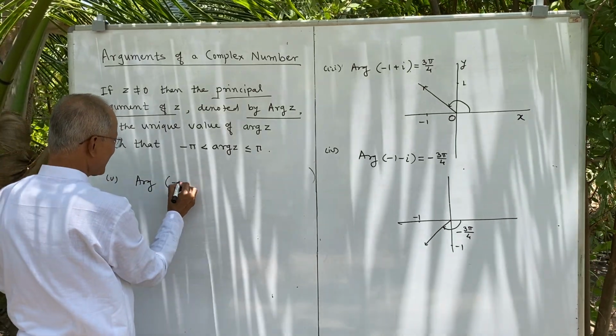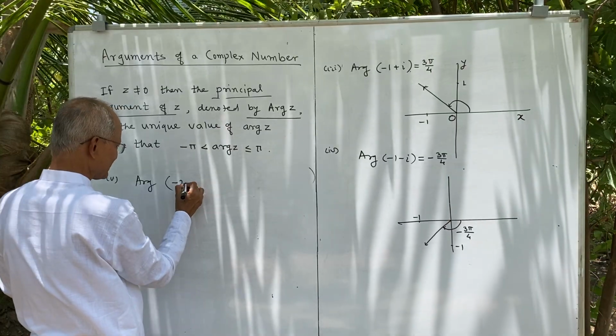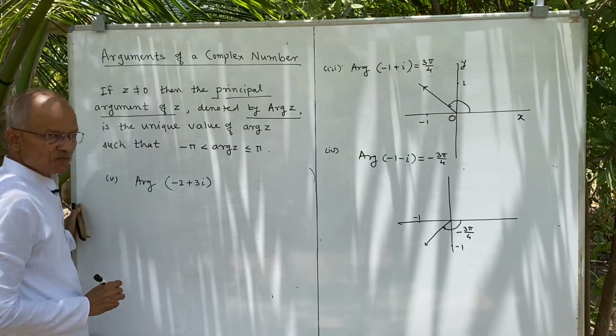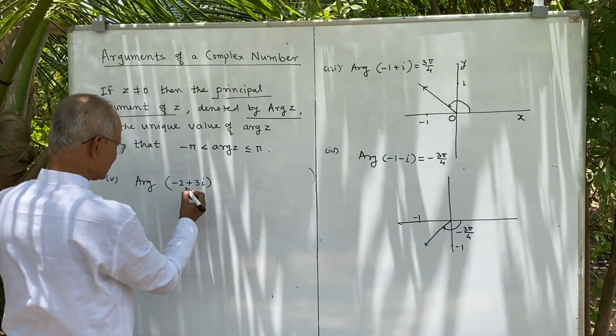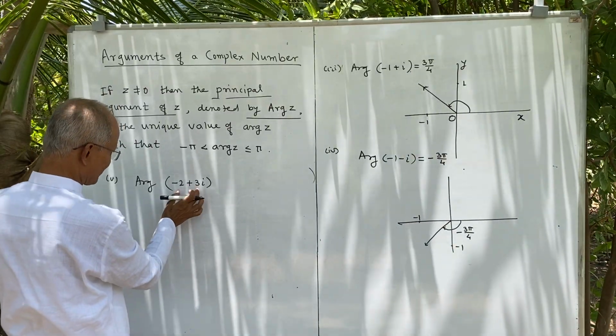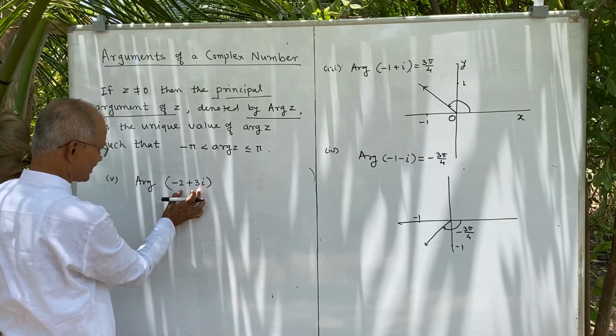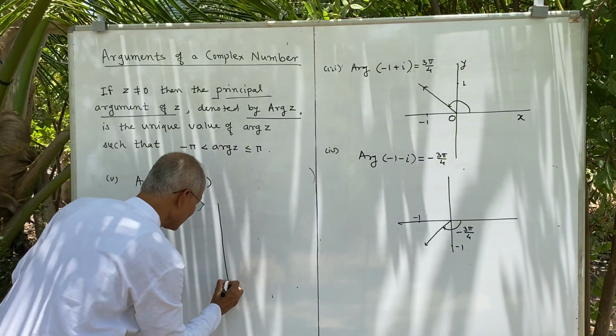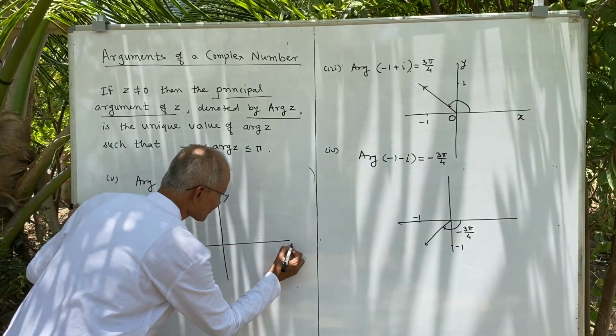Argument of, in general, I shall consider -3 plus -2 plus 3i. Here, what is the quadrant? The point's Cartesian coordinates are x, y.